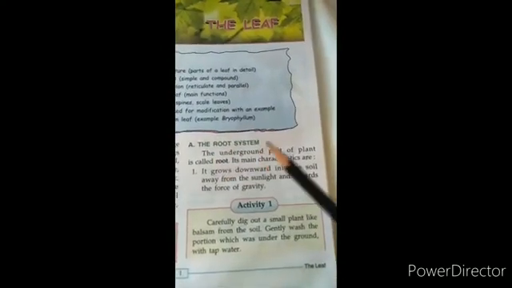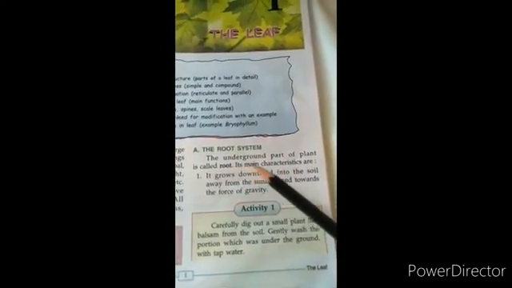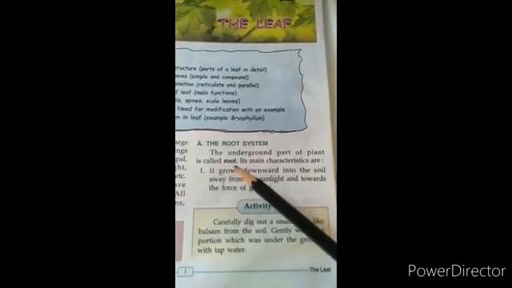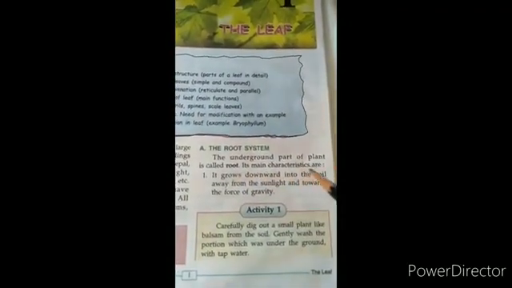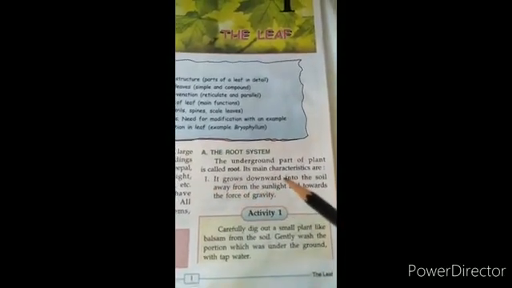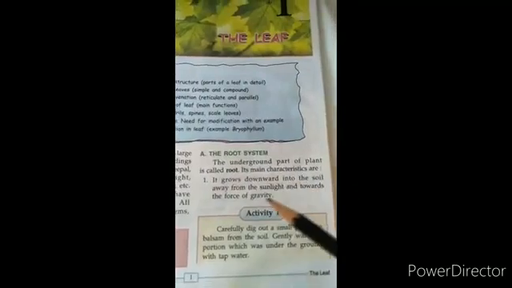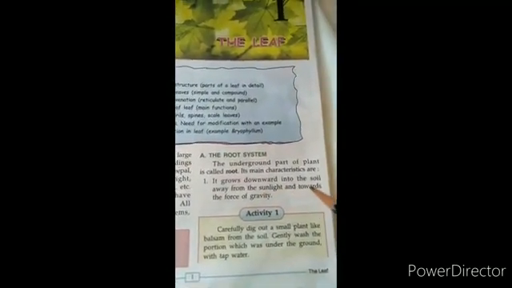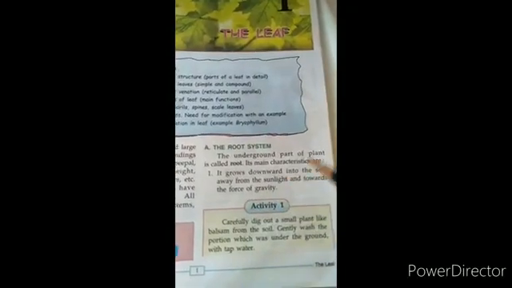The root system. The underground part of the plant is called root. Its main characteristics are: number 1, it grows downward into the soil, always away from the sunlight, towards the force of gravity.